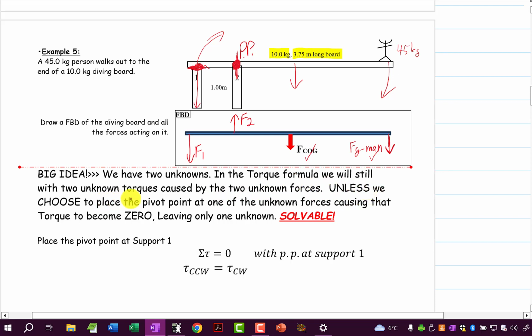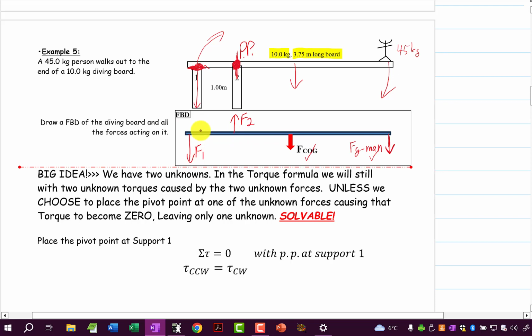Unless we choose the pivot point at one of these unknown forces, then it removes that torque, and we'll only have one unknown torque. There are going to be four torques here, but if I put a pivot point where a force is, then that torque becomes zero.